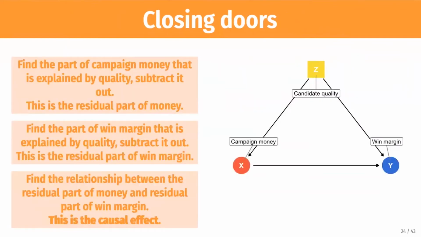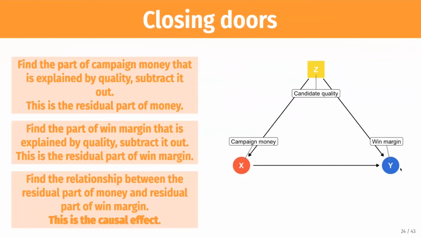So in this campaign example, what we want to do is find the part of campaign money that is explained just by quality: how much of campaign money happens because of the quality of the candidate. Then we want to find the part of the win margin that is explained by candidate quality.